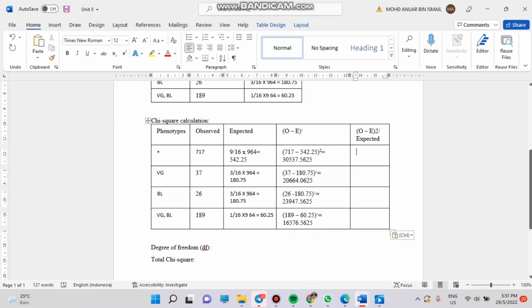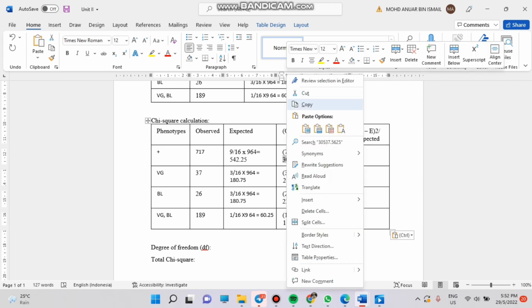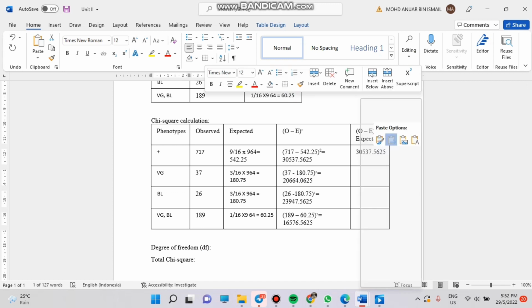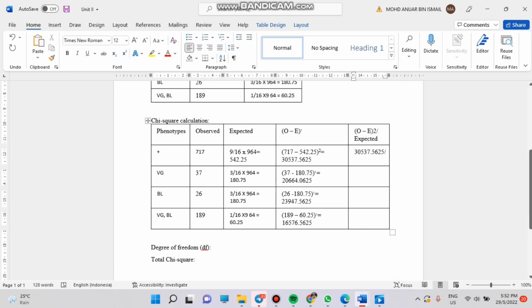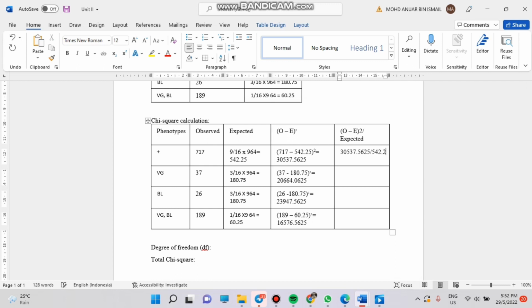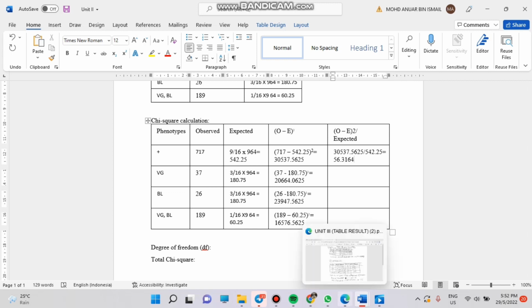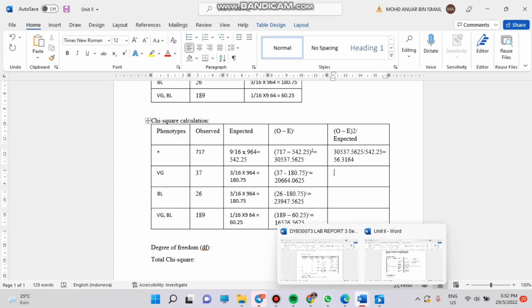For this I will use this number and divide by the expected number, which is 542.25, equals 56.3164. So this is the calculation.